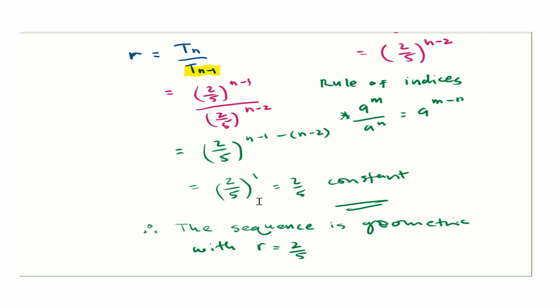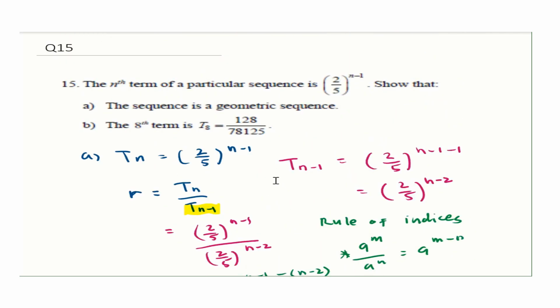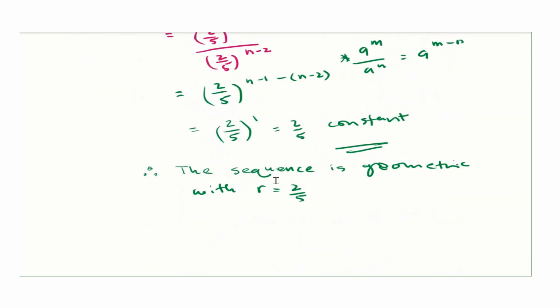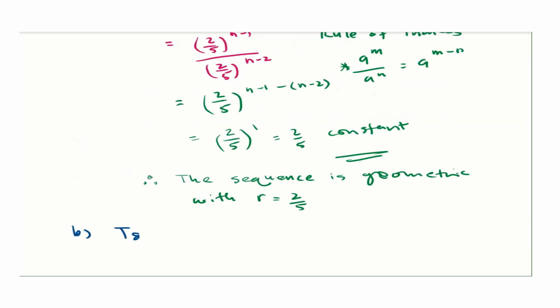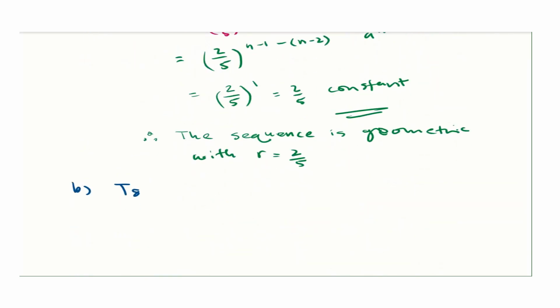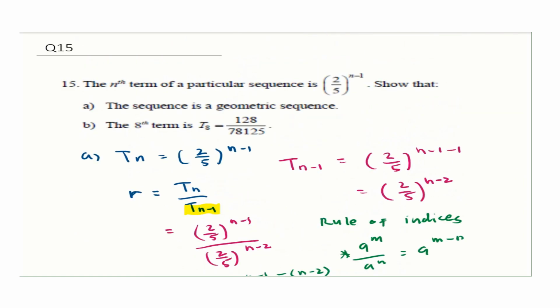Just like that. So then for question B, show that the 8th term is T8 equals 128 over 78,125. So it asks us to show T8. Okay. We don't know it, so we can find it, but we can use just this one directly.